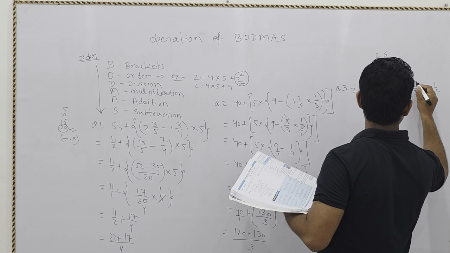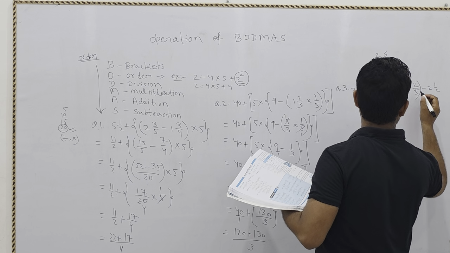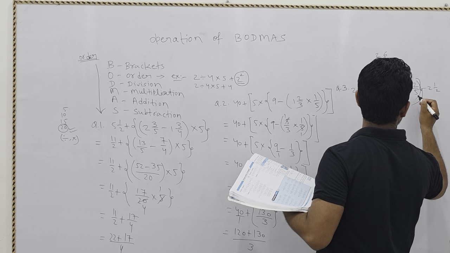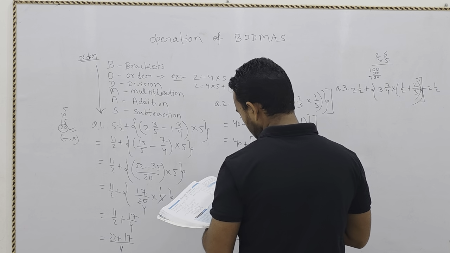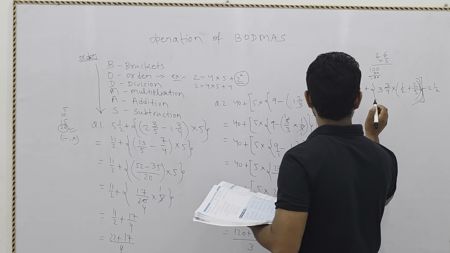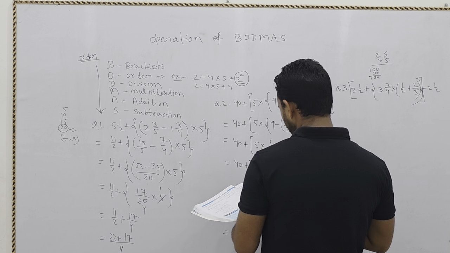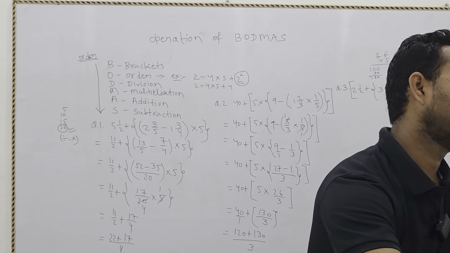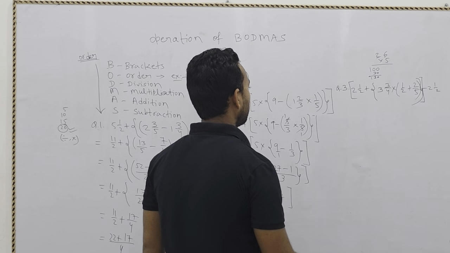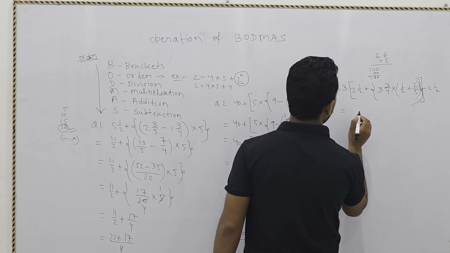Here the bracket closes, the curly bracket also closes, the middle large bracket is also closed, and here a large bracket is there. If this type of question is given, how will we solve it? Please stay with me so that you understand how to solve this type of question.